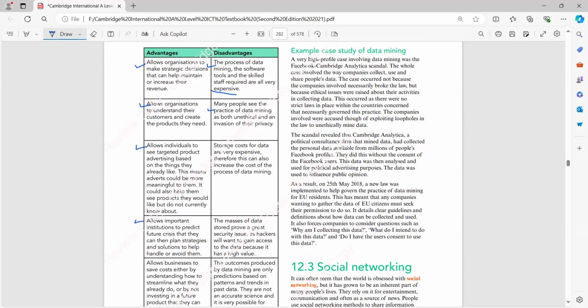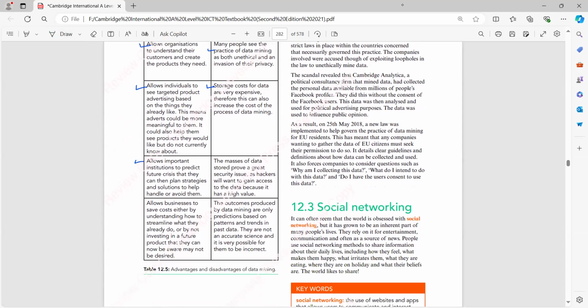I also have the example of data profiling, where people with similar interests are filed into a profile, and then the ad is only shown to them. This might not be appreciated by those people. Storage cost is quite expensive as well, because it involves a huge amount of data. And one thing is that if you have a huge amount of data, that means you have a huge amount of data risk as well.